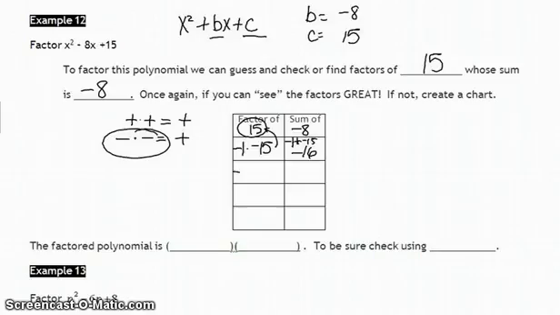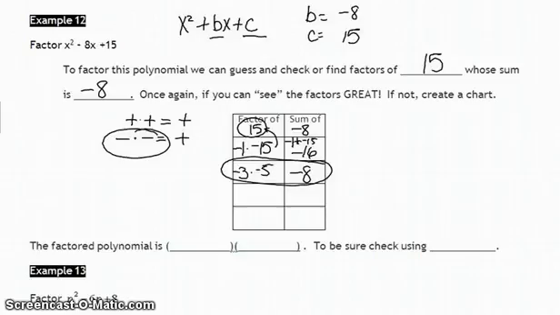You're right, negative 3 times negative 5 definitely multiply to a positive 15. And when I add them, negative 3 plus negative 5, I get negative 8. This is my set of factors that work.